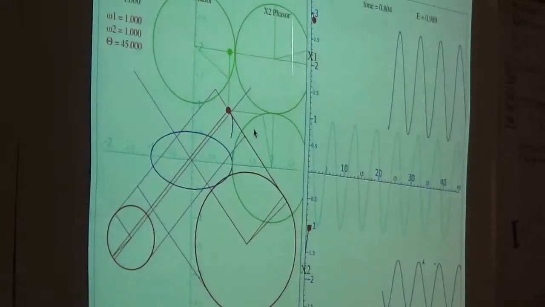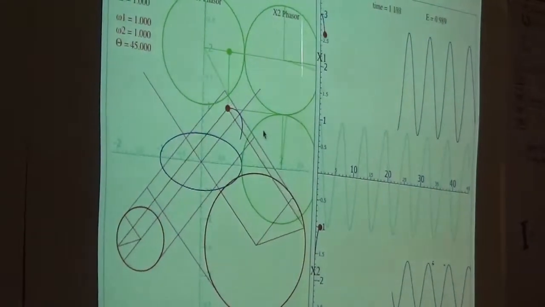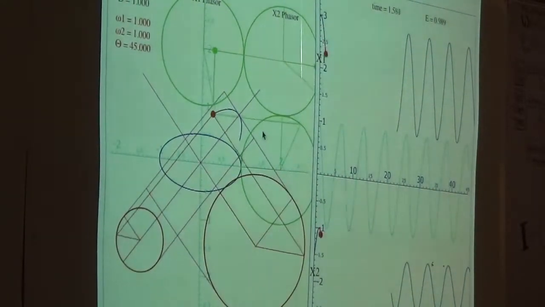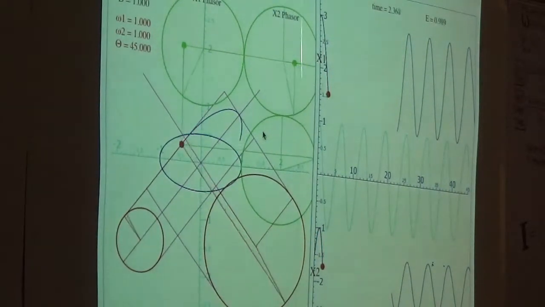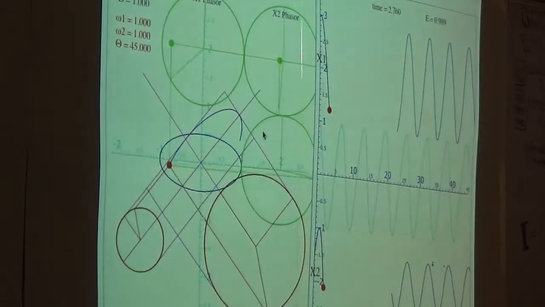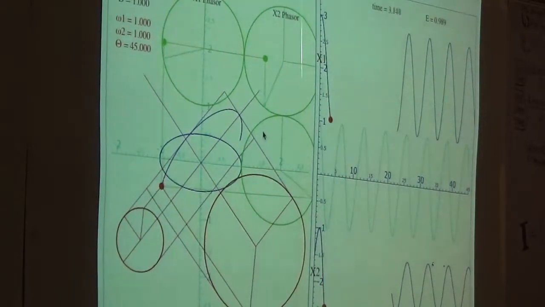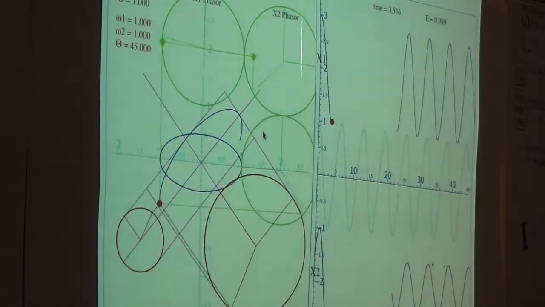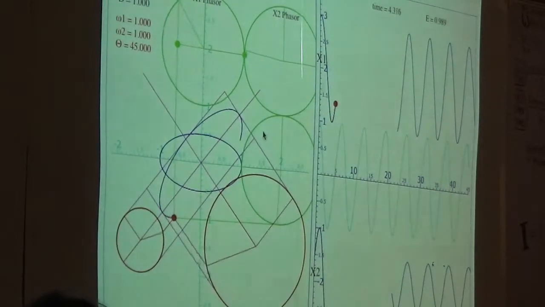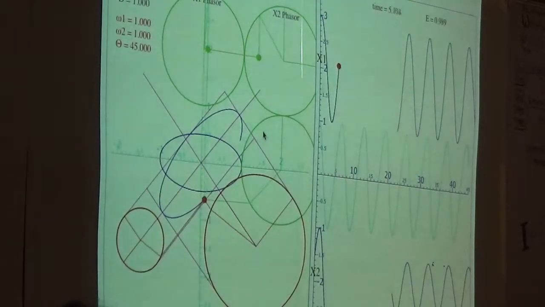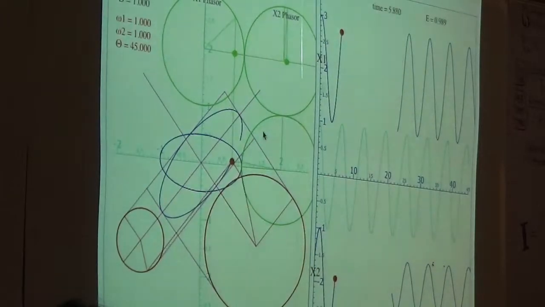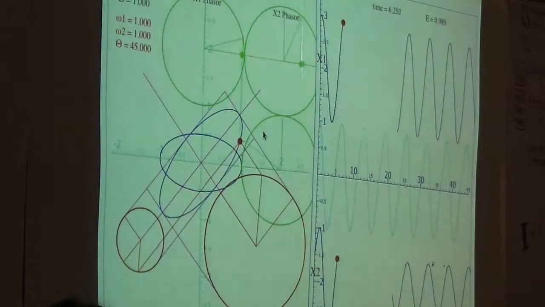And that isn't too far from an ellipse that this would draw. And the circles, of course, are a different angle as well. The two phasor circles that are driving this particular guy are on one side or the other. Those are the red ones that are making the ellipse inside there.